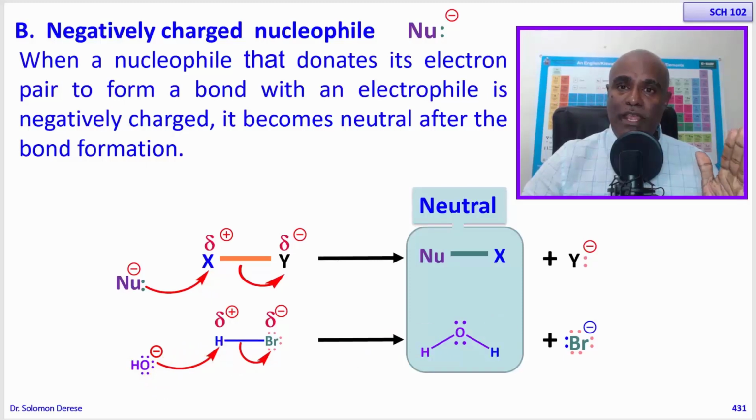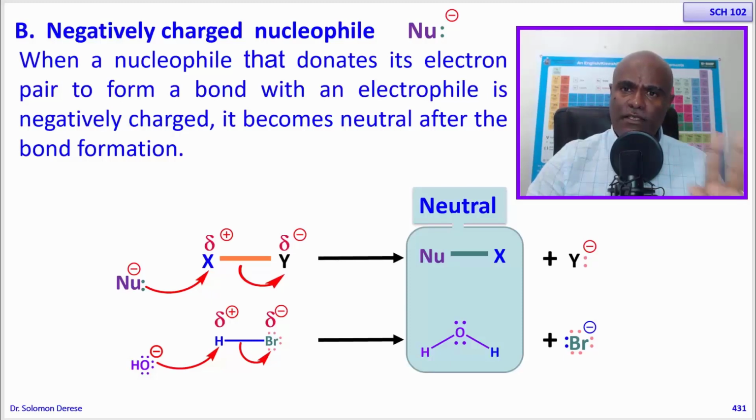So when a nucleophile attacks an electrophile, when a nucleophile uses its electrons to form a bond with an electrophile, what happens to the nucleophilic center, that particular nucleophilic atom, will depend on its nature.